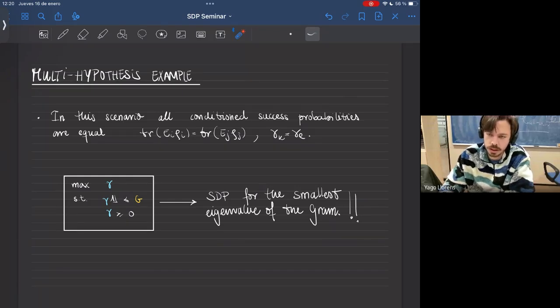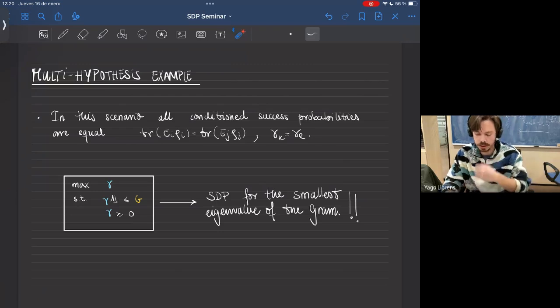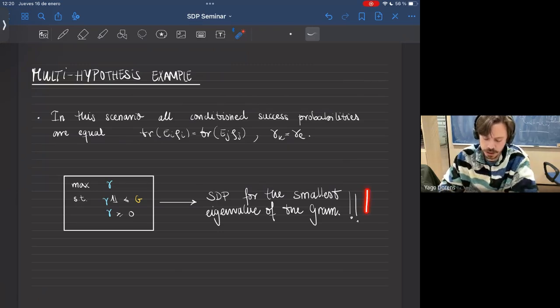I think we saw the largest eigenvalue, but this formulation gives you the smallest. This is easy to solve because the Gram matrix is already defined, so you only have to diagonalize it, which is not trivial sometimes, but you can.